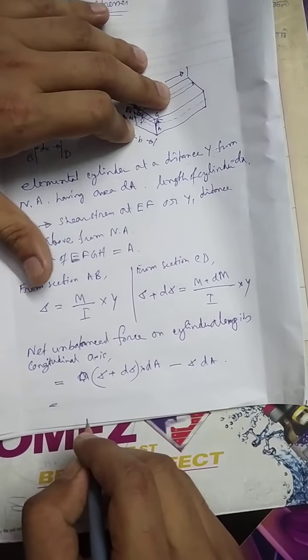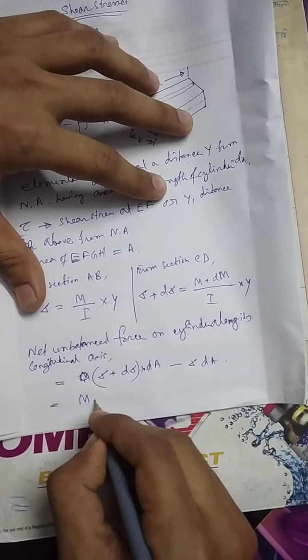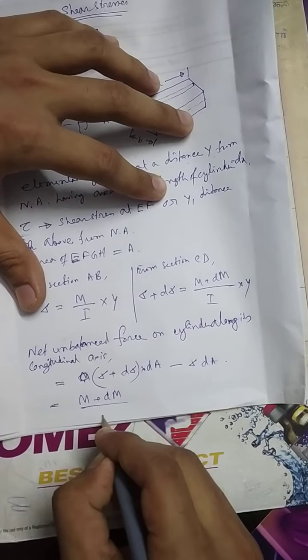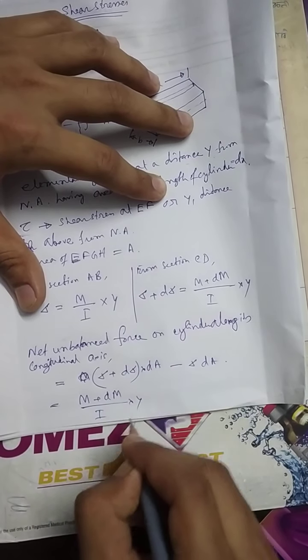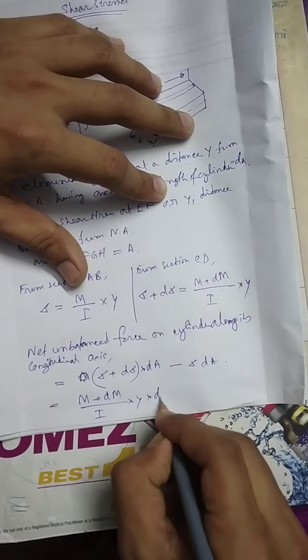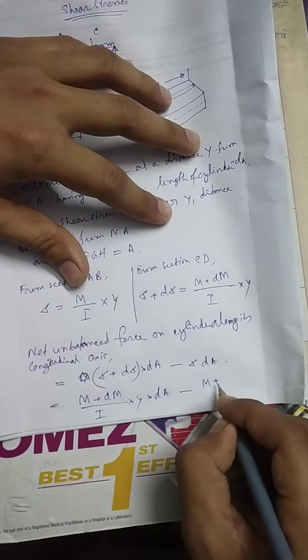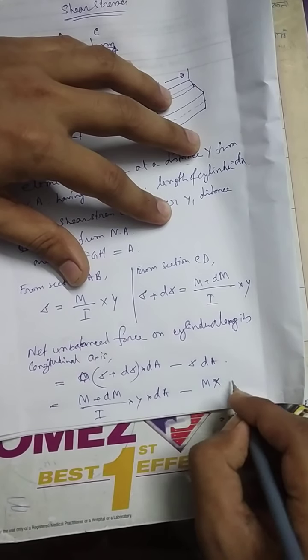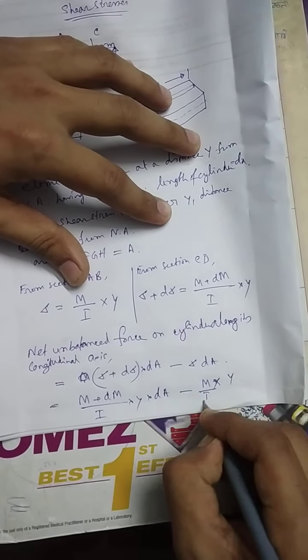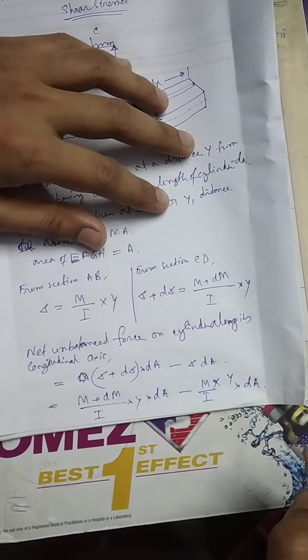From here we get (M plus dM) by I into y into dA minus M into y by I into dA.